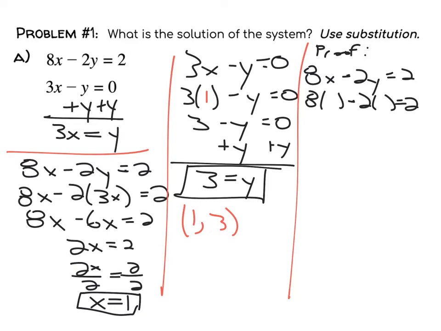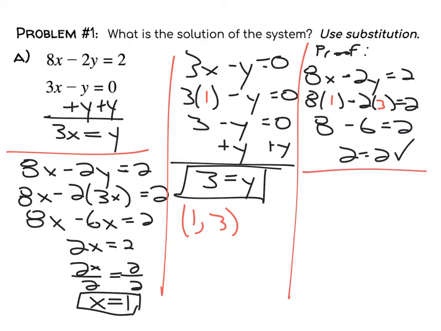And what do we believe they are? 1 for x, 3 for y. And simplifying it, we get 8 minus 6 equals 2, or 2 equals 2, check.